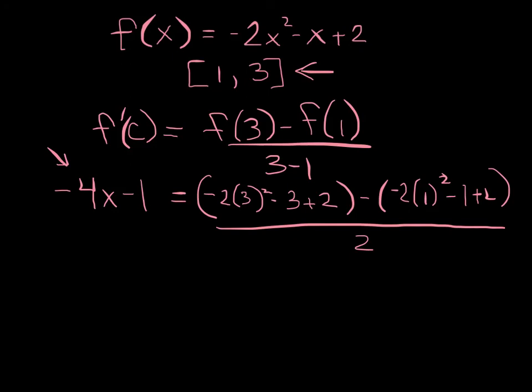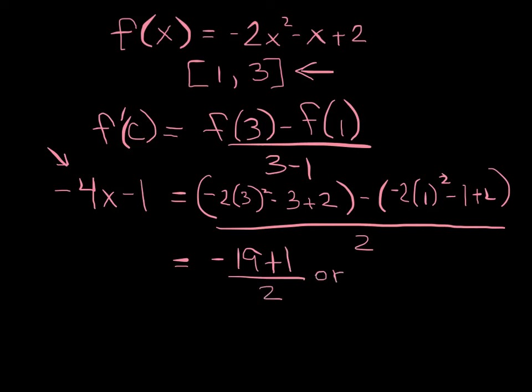Okay, and when I do that, I believe, let's see, 9 times negative 2 is negative 18, minus 3 is negative 21, plus 2 is negative 19, and then negative 2 minus 1 is negative 3, plus 2 is negative 1, minus negative 1, plus 1. Now hopefully I didn't make a mistake on doing that.